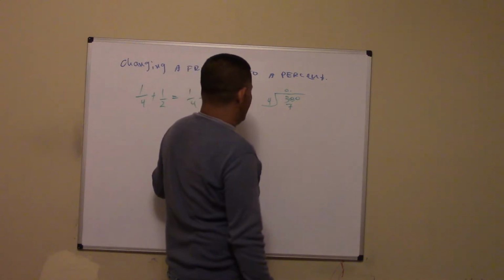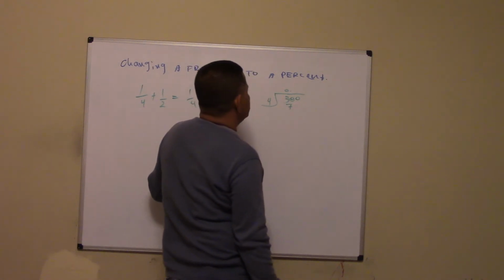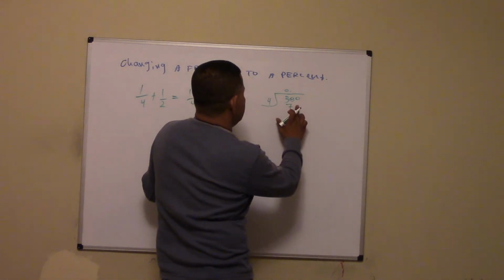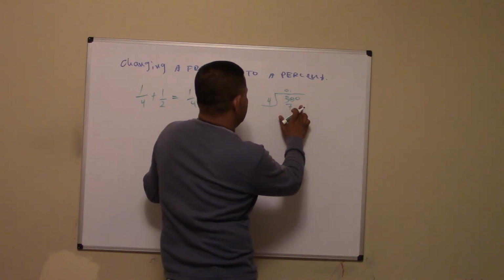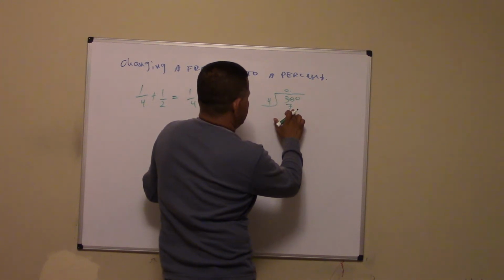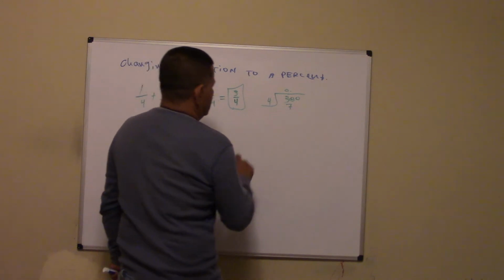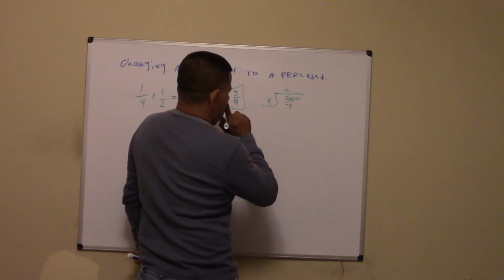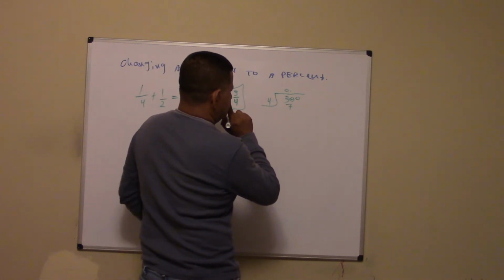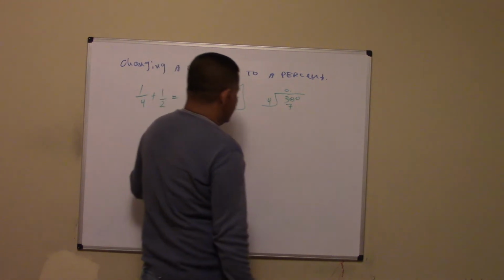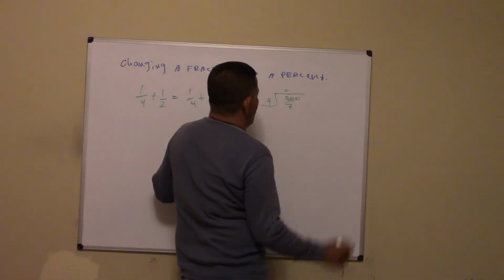7 times, right? Let's see, yes, it will go 7 times, which is equal to 28, right?